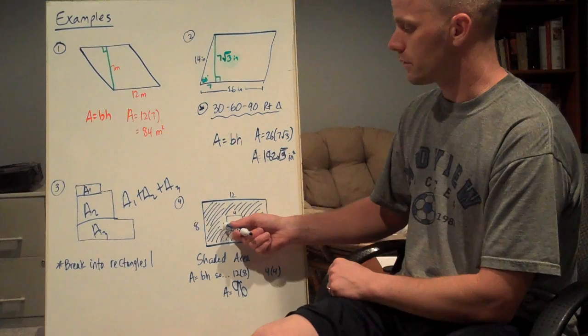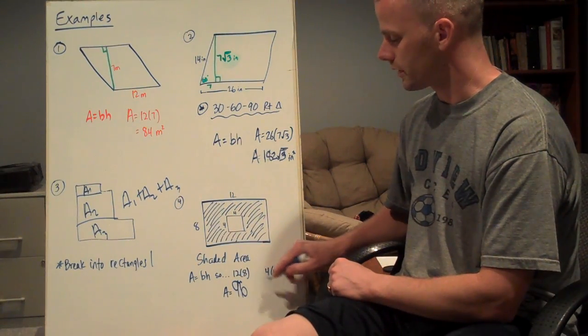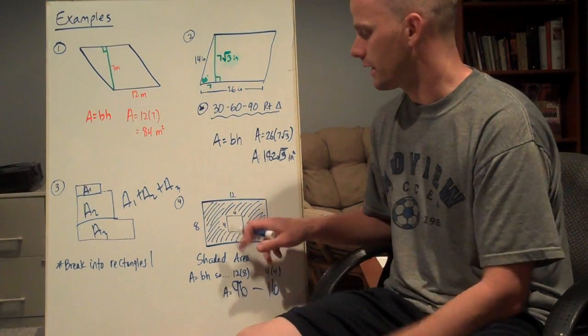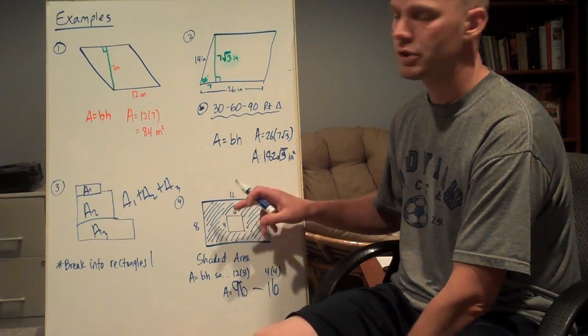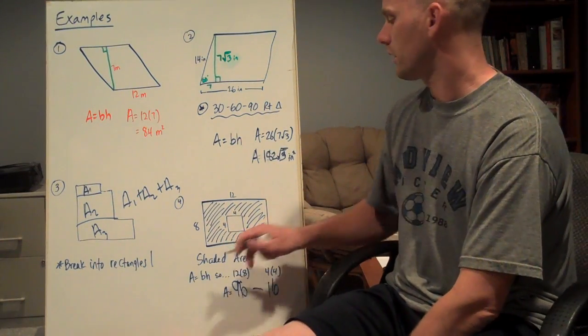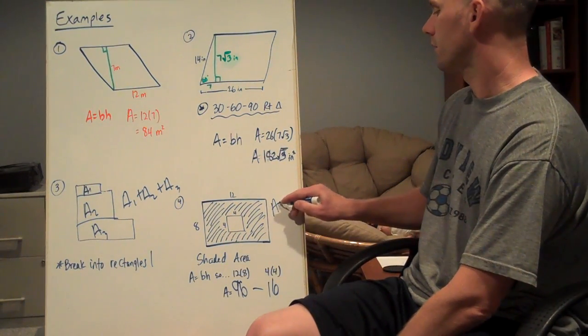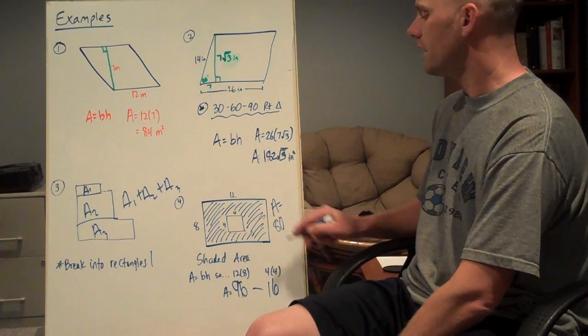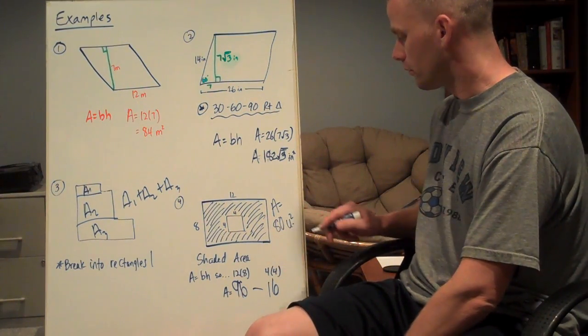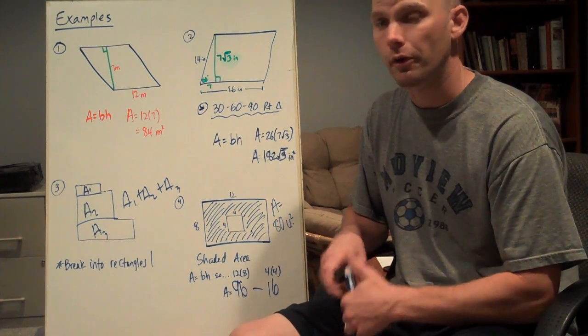Take the area of the square, which is 4 times 4, or 16. Then subtract those. To get the area of the shaded part, just subtract the part that's not shaded from the total for the whole figure. So our area is 80 square units, which I can write as U period with my little squared symbol for units squared.